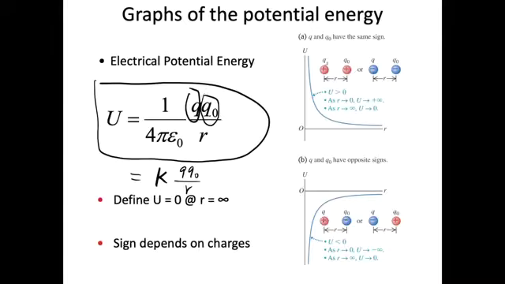So if I have two positive charges, the potential energy between them is positive times positive, which gives you positive. If you have two negative charges, the electric potential energy is negative times negative, which also gives you positive energy. So the potential energy between two same-sign charges is positive. Now on the other hand, if you have one positive and one negative, you're going to have negative potential energy.